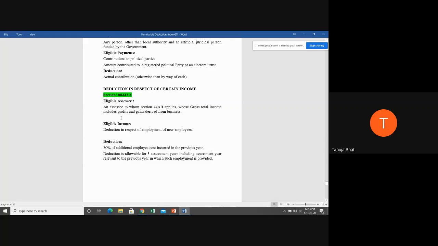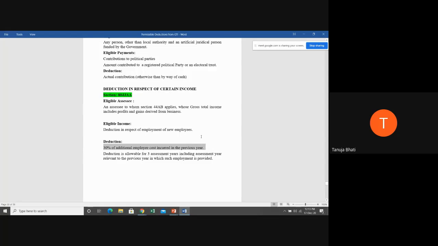Now, what kind of income will be allowed as a deduction? Deduction in respect of employment of new employees. Suppose a company running a business is employing new employees, it is going to get a deduction. Now what is the amount of deduction? 30% of additional employee cost incurred in the previous year.